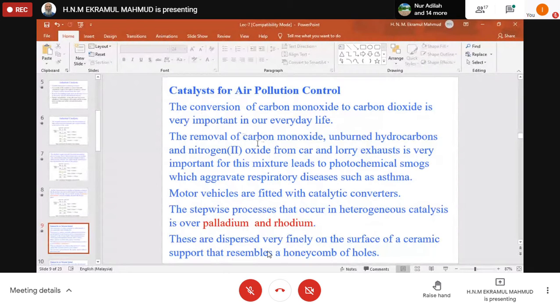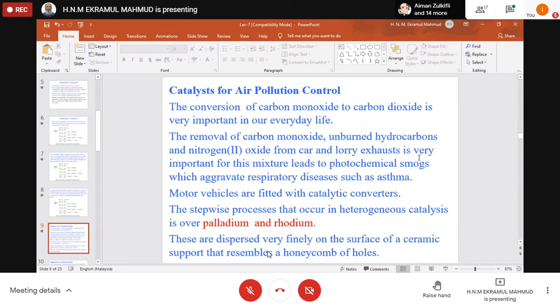All these, along with nitrogen oxides, come out from the exhaust pipe of cars and lorries, producing photochemical smog. Smog means smoke plus fog together. This creates environmental pollution, haze, right?